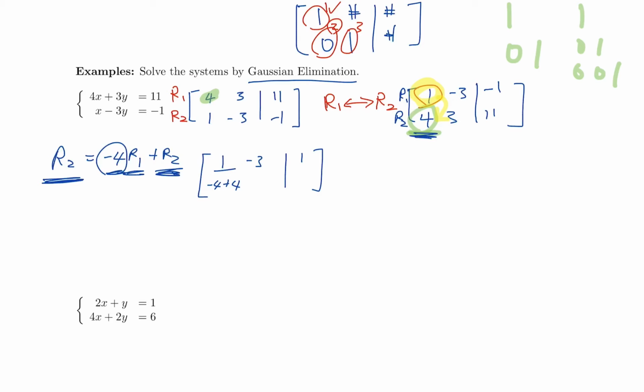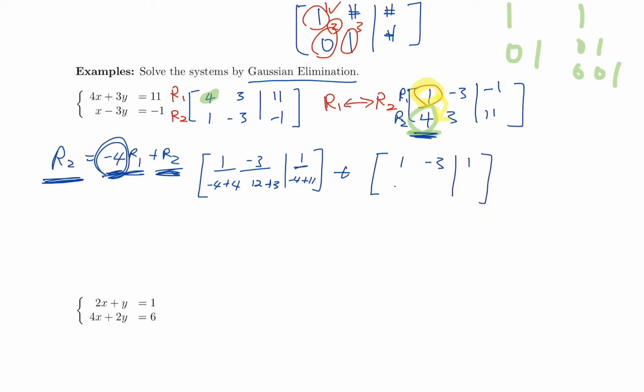Then again, negative 4 times negative 3 gives me positive, will be 12, plus 3. And negative 4 times 1 gives me negative 4. Negative 4 plus 11. So let's just do the addition.